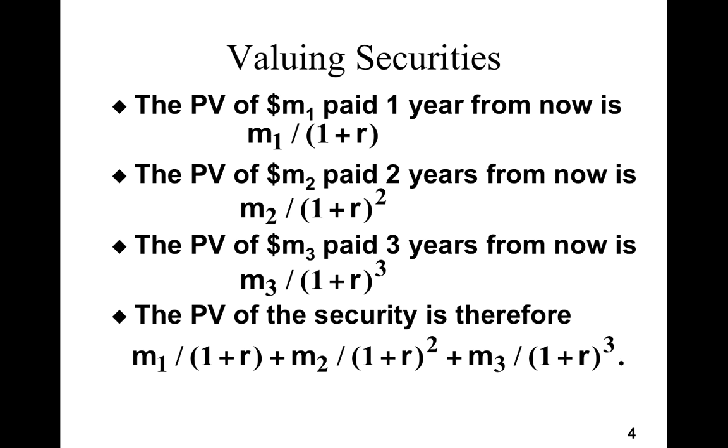So the price of this security would be the present value of the security, which is given by the sum of all these three terms. So here we have used the concept of present value to figure out the price of a financial security, and how much you should pay for it. So this is your first introduction to asset pricing.